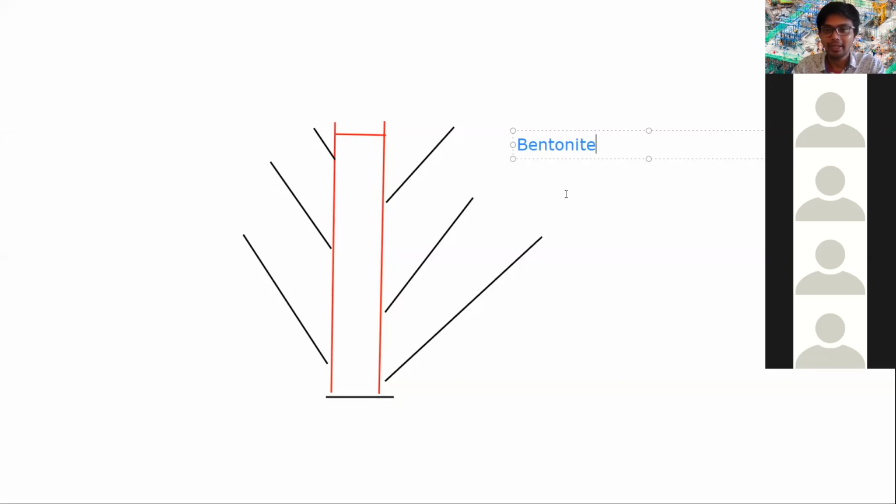It is called bentonite. The bentonite is mixed in through the hole while drilling with the auger, and its purpose is to maintain the stability of the soil along the periphery where the drilling is done.